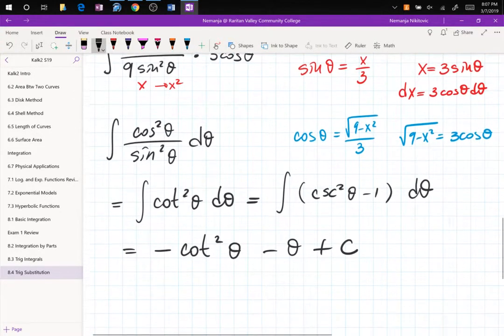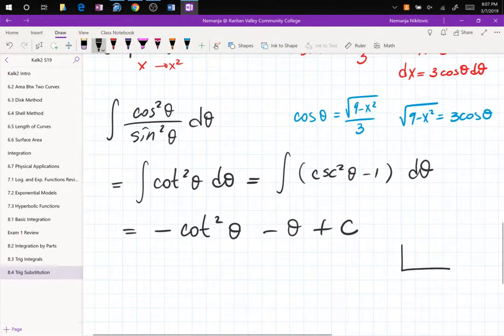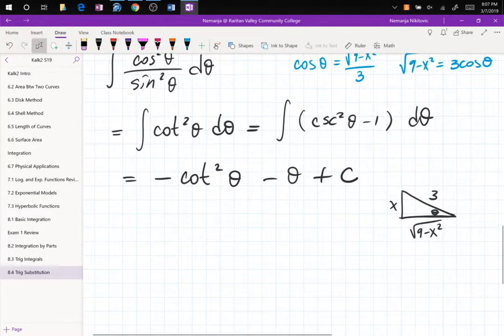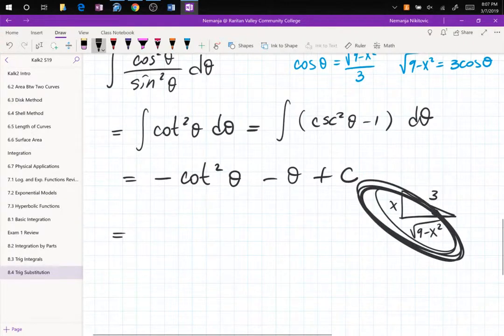Now we convert back to x and we're done. I have my triangle up there with the 3, the x, and the square root of 9 minus x squared, with theta being here. All I need to do is read these off the triangle. Cotangent is adjacent over opposite, and that needs to be squared.